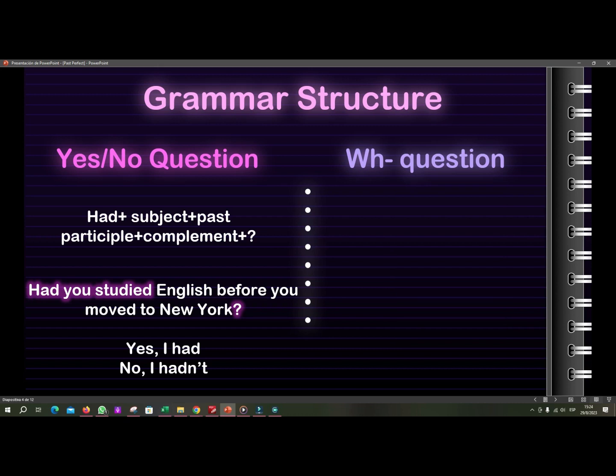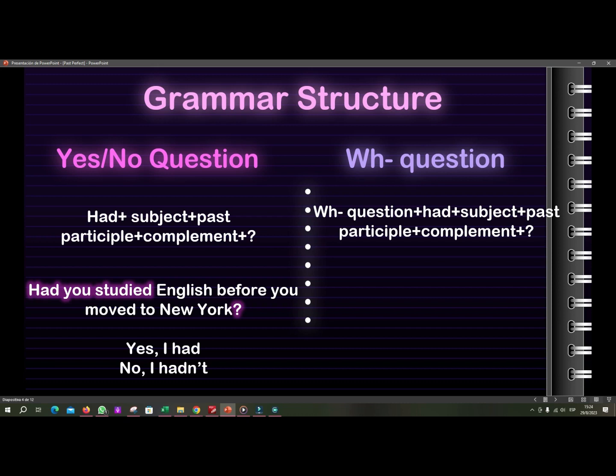What about WH questions? First, you're going to have the WH word that will be which, when, how, why, right? Then had plus the subject, then the main verb in past participle plus the complement, and don't forget the question mark.